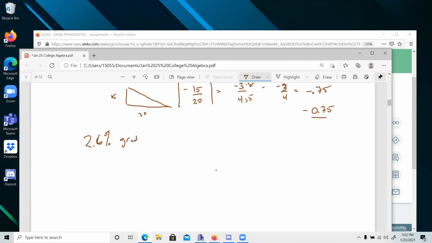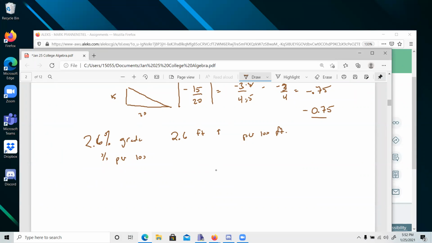So what this is saying is we have 2.6 feet in the up direction, and then it says per 100, so per 100 feet.